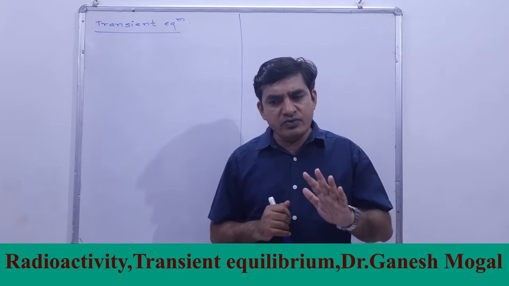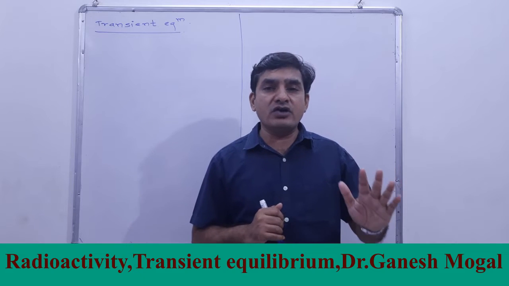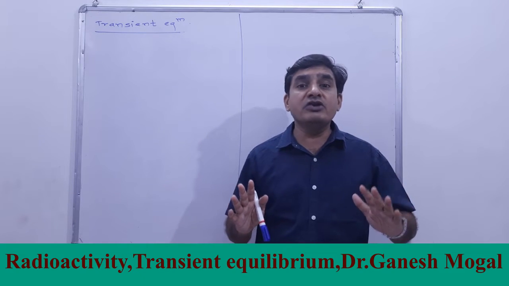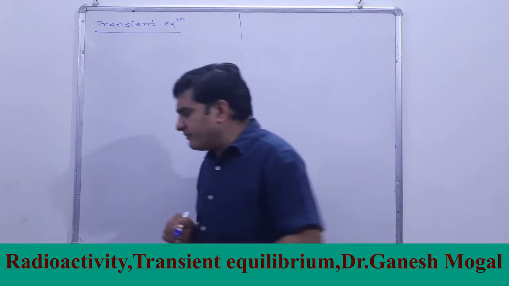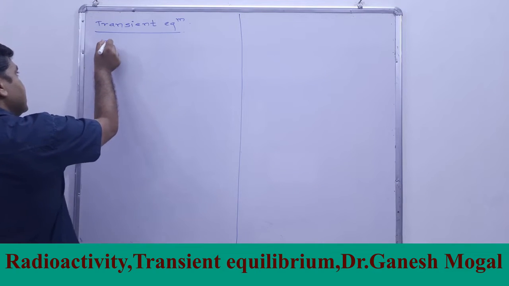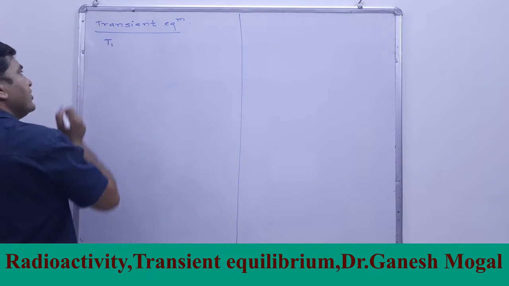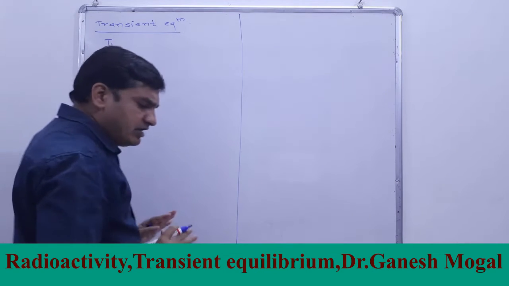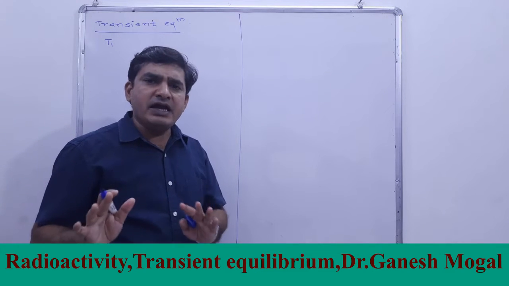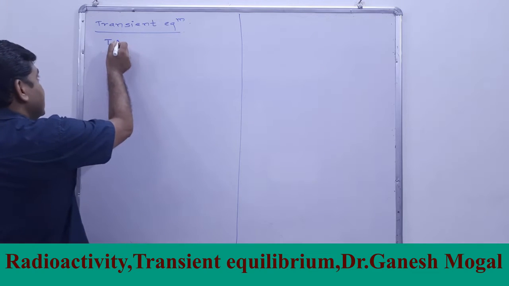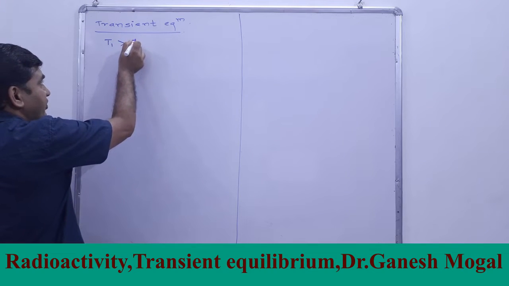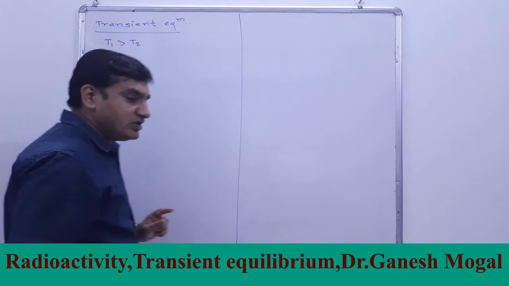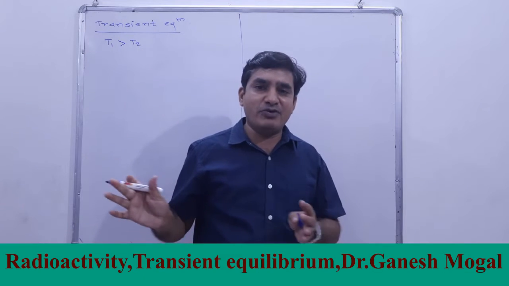The parent lives longer than the daughter, but not much longer, and therefore we can say that the half-life of the parent is greater than the half-life of the daughter, but not very much greater.